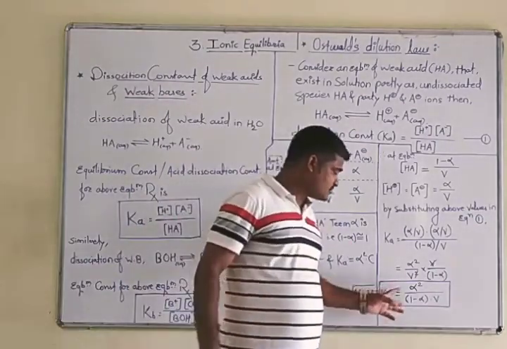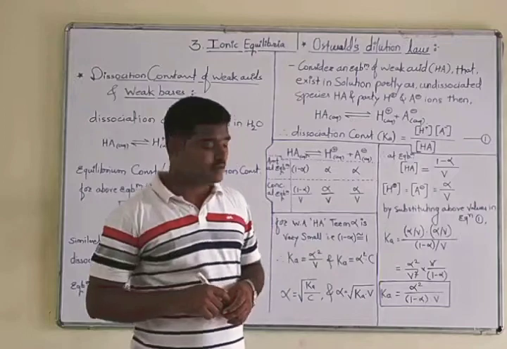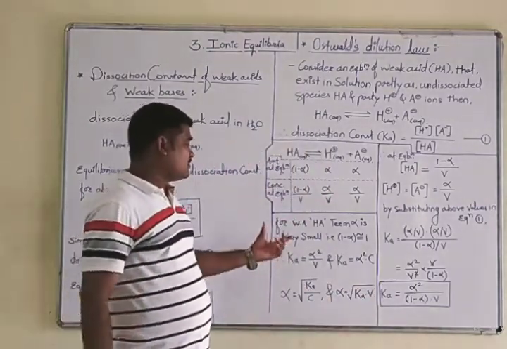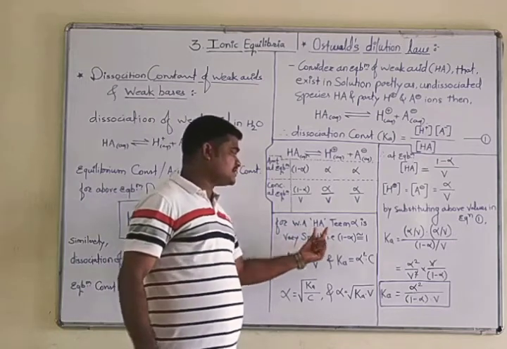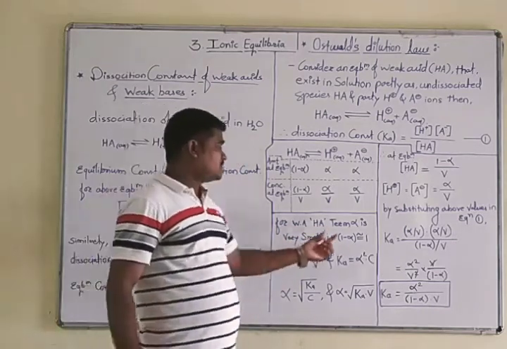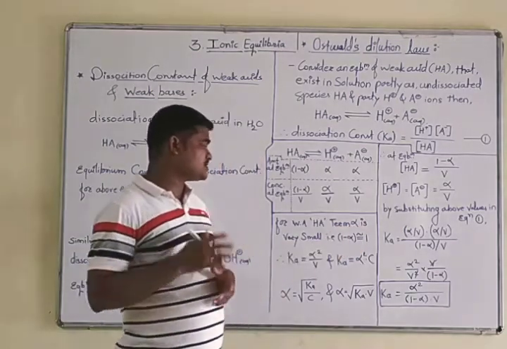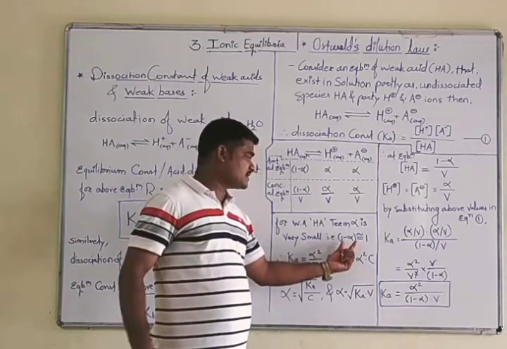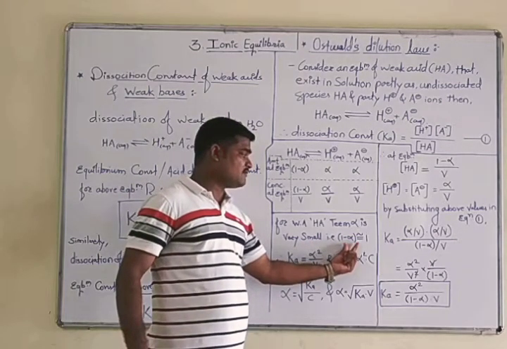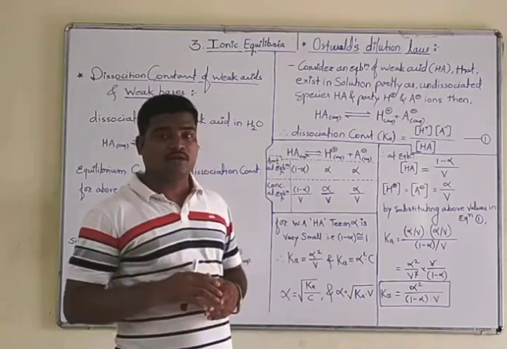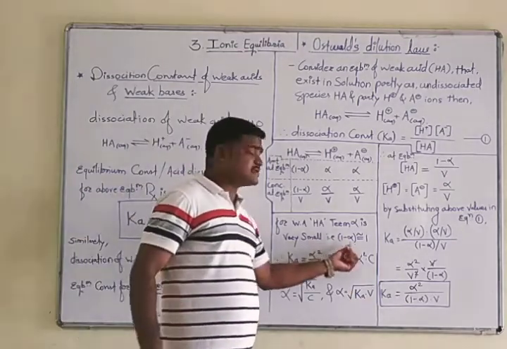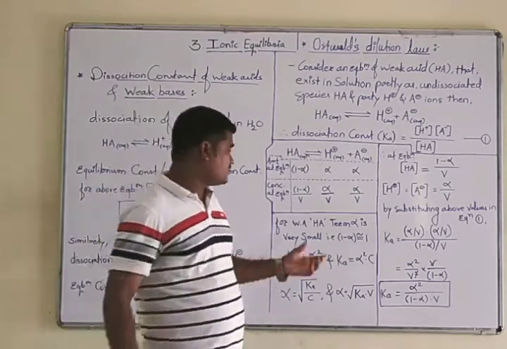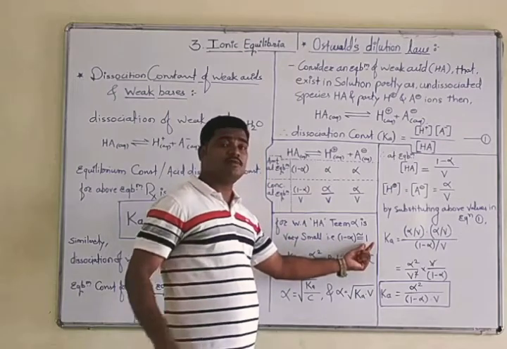These terms I have got from the previous equation that I have represented here. After that, for weak acids, this HA term, that is alpha, is very small, that is the dissociated species, so 1 minus alpha becomes 1. That is the fraction of dissociated molecules for weak acids, it will become 1.